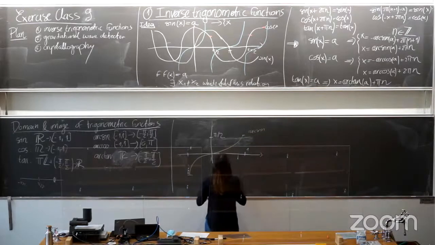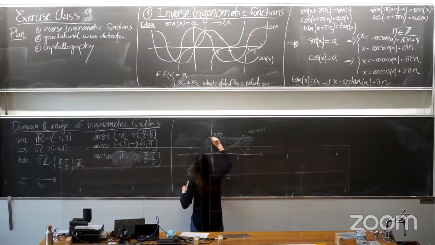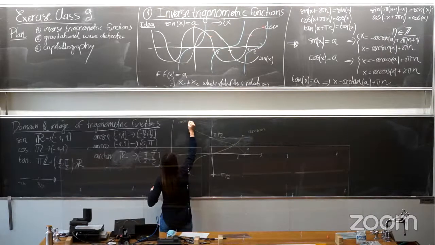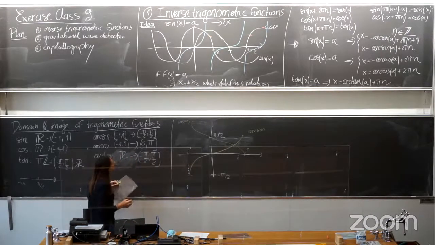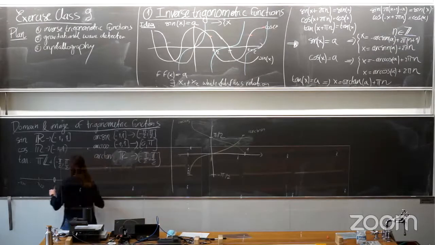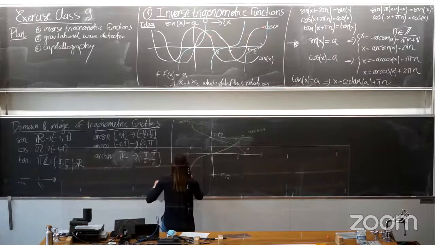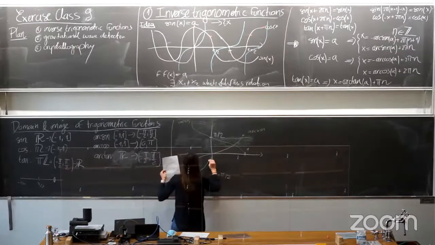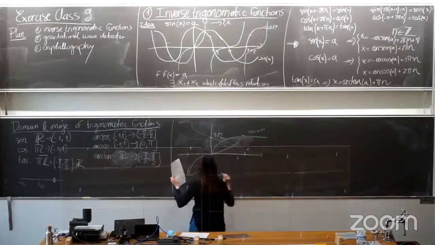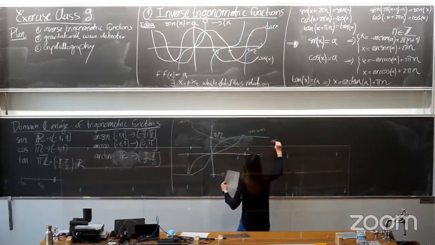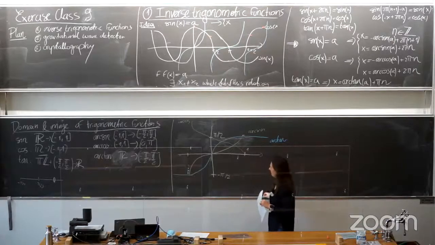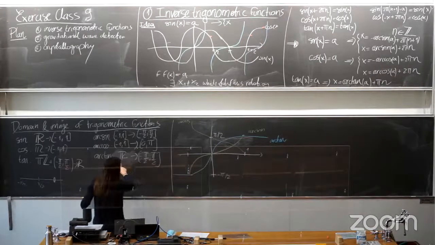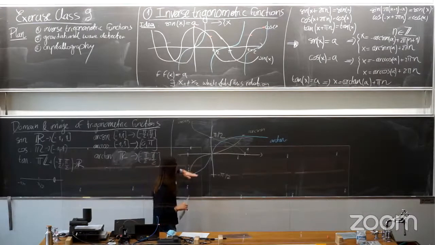And if we have arccos, this is arcsine. And last, we have the tangent function, arctangent, which is something like this. So here we can see domain and image, like the intervals where they are defined.